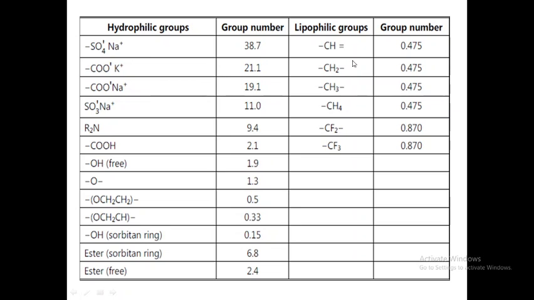For example, the methyl group has the number 0.475. Then hydrophilic groups: these form the polar head of a surfactant, and consist of some heteroatoms and ester groups in their structure, right? So these are some hydrophilic groups and their respective group numbers. So based on these group numbers, you can calculate the HLB value of a surfactant, right?